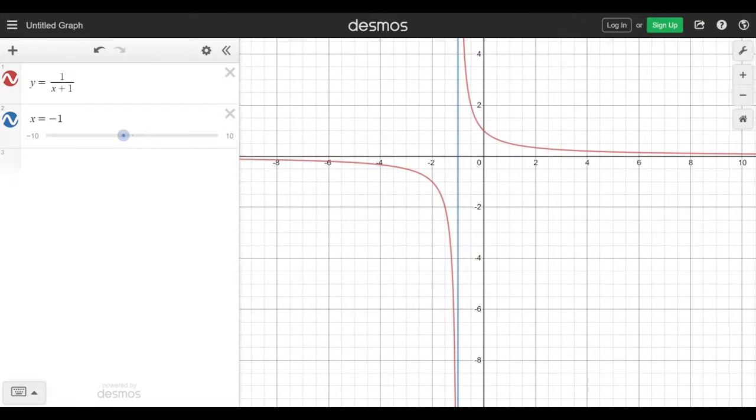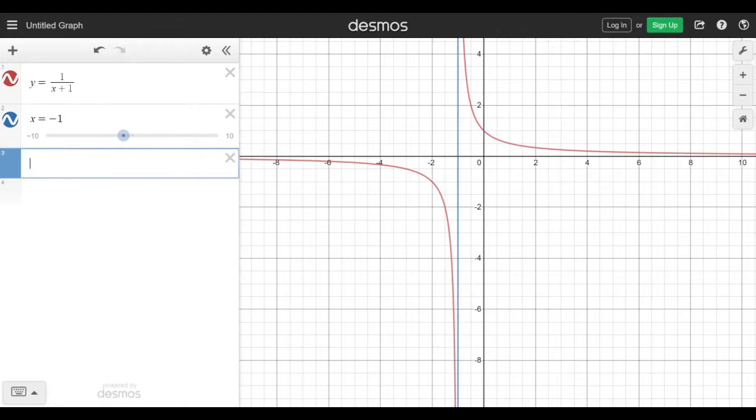Because what happens if you will touch that? When you have a value of -1, you plug that in here. At the bottom, you have -1 plus 1, you'll get a 0 at the bottom. 1 divided by 0 is undefined. So that means you cannot have a value of -1 for your graph.